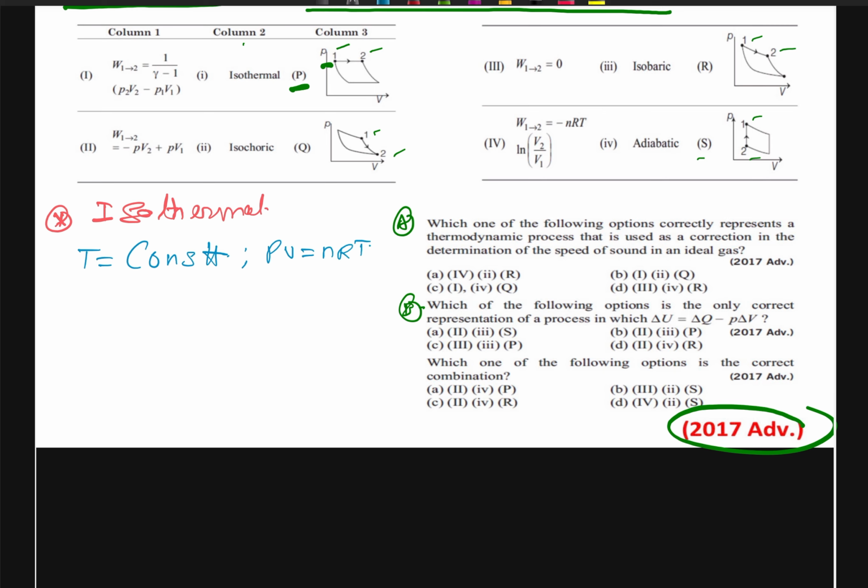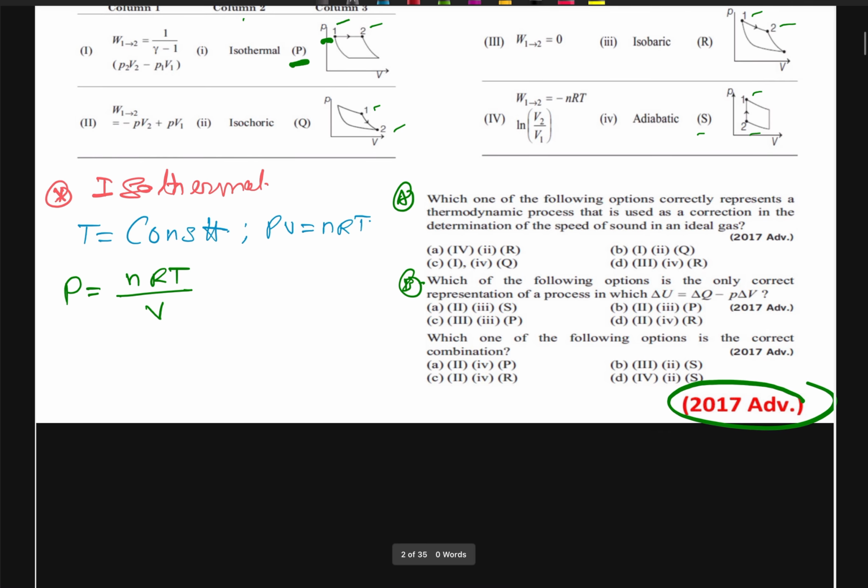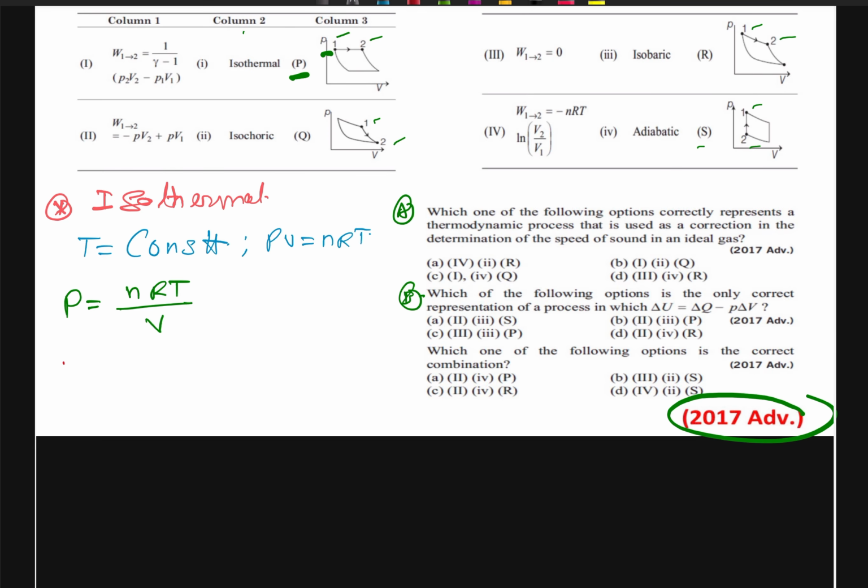And from here we can write that P will be equal to nRT divided by V, and our work done we can call this as integration of PdV between the two volumes V1 and V2.